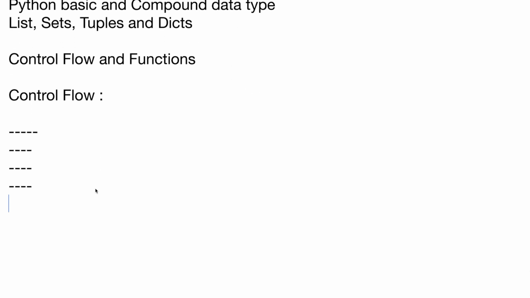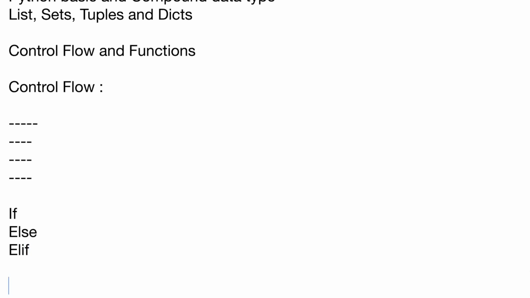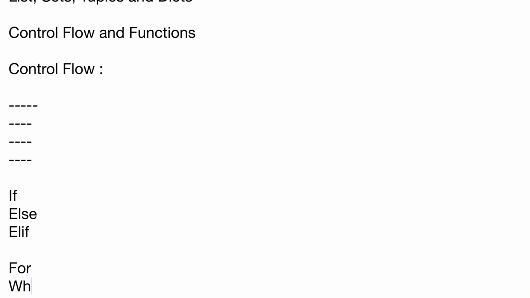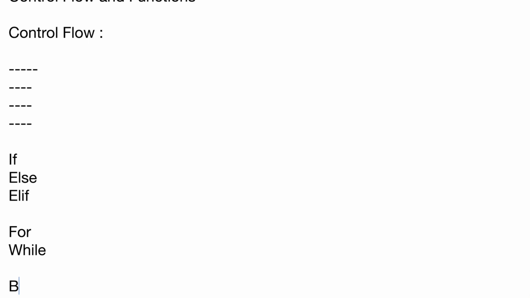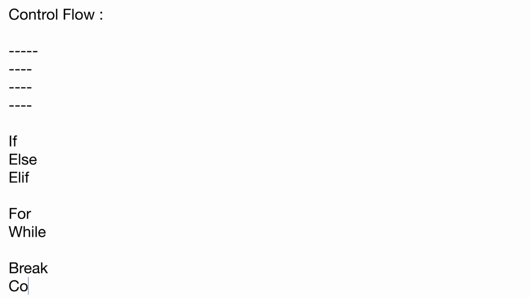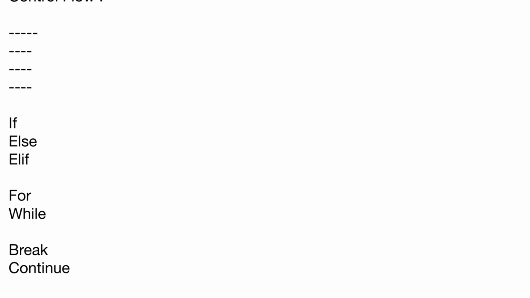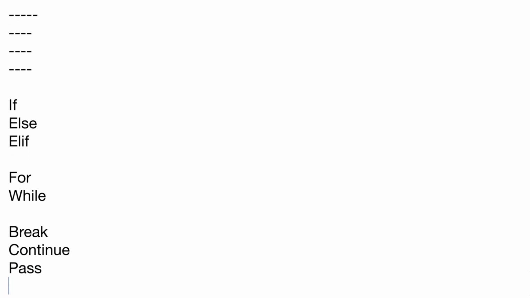As part of control flow we are going to cover if, else, and a combination of if else, which in Python is elif. We'll also cover for loop, while loop, and to end it, we'll cover break, continue, and pass.